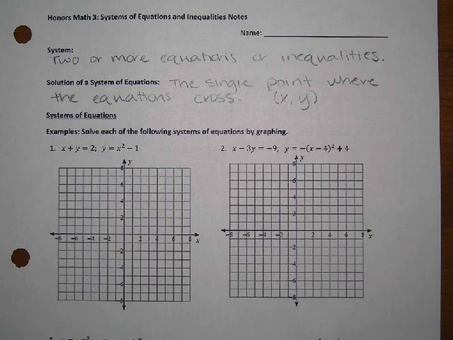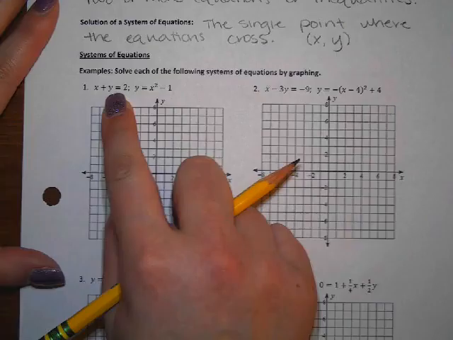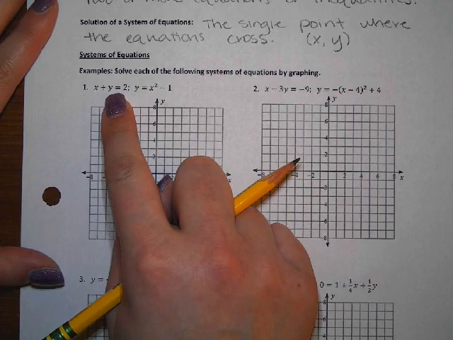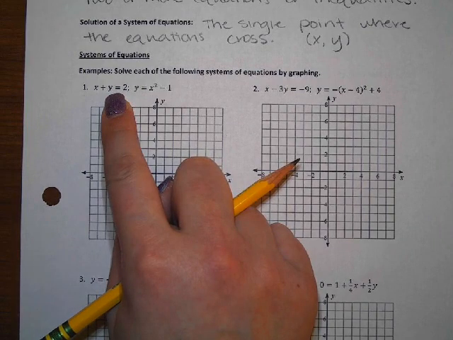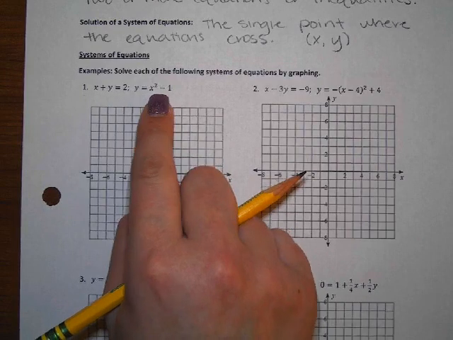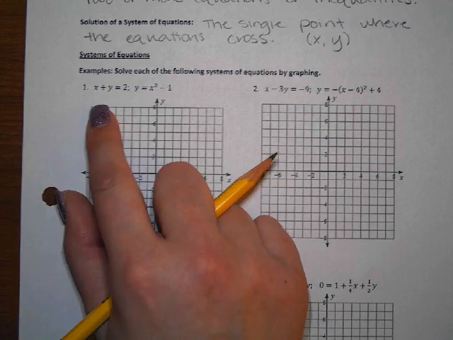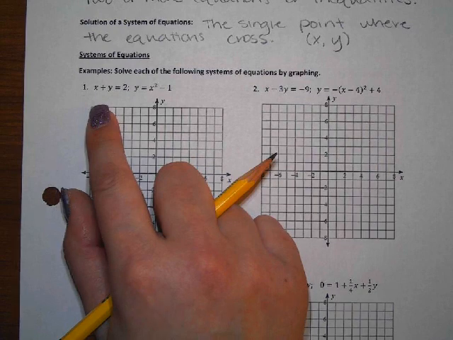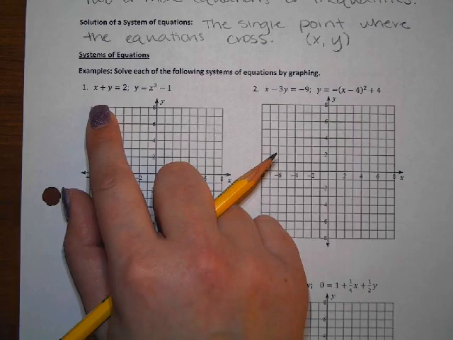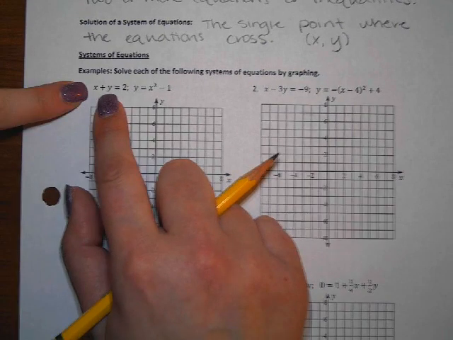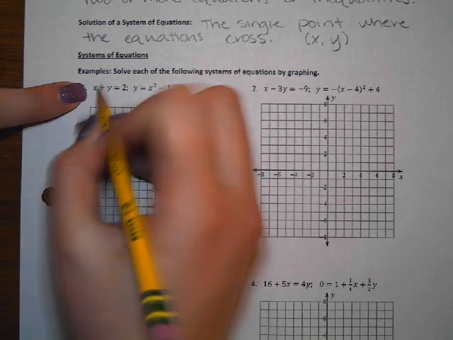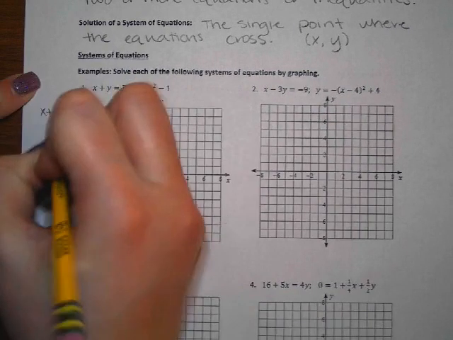Okay. So this first one, we have x plus y equals 2. Does anyone know what that looks like when you graph it? This one is x squared. When it has an x squared, it's a quadratic. What about just an x? Straight line. Yeah, this is linear. So I'm going to subtract x from x plus y equals 2.